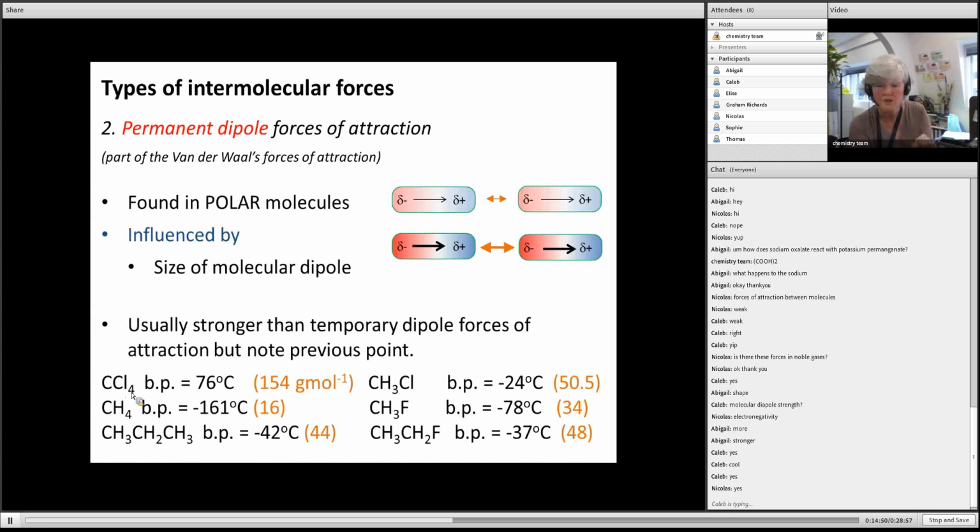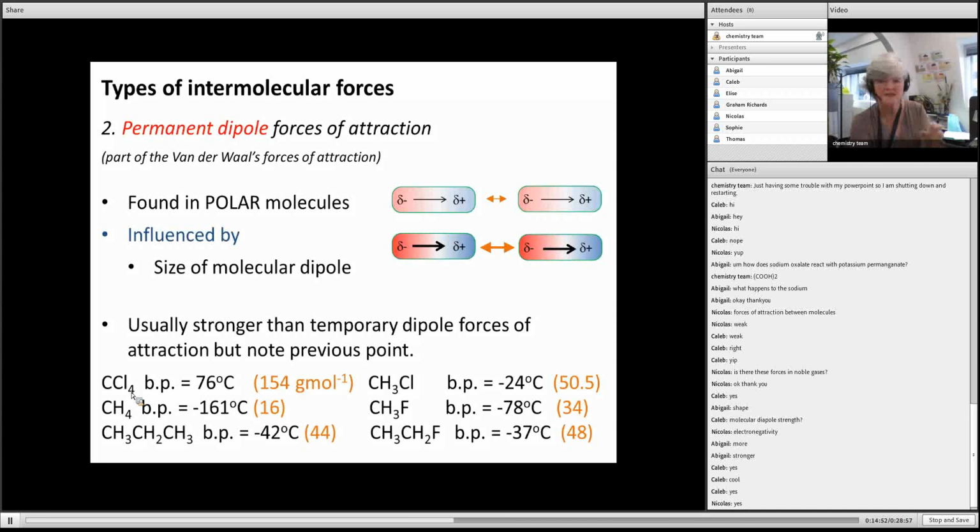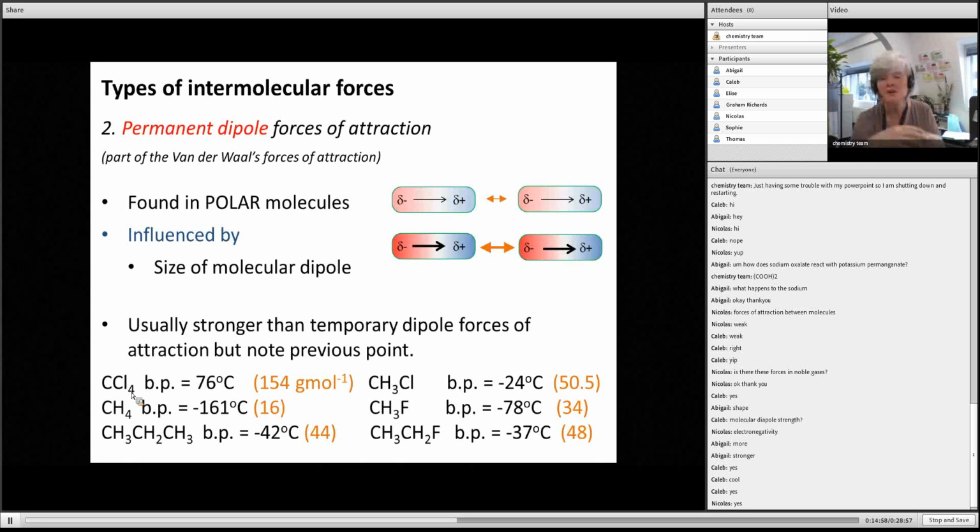Hopefully you'll know it is non-polar because it's a tetrahedral shape which is symmetrical, as well as only chlorines around the central atom. So the type of atom is the same, so this molecule is totally symmetrical. Look at its boiling point. Okay, 76 degrees. It's a liquid at room temperature.